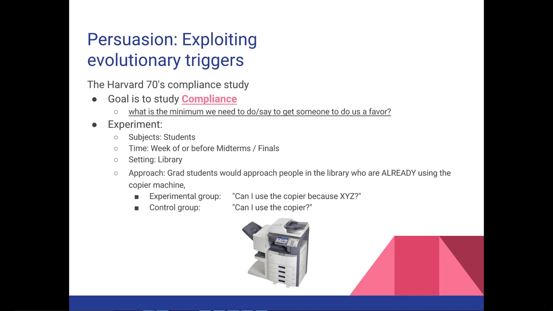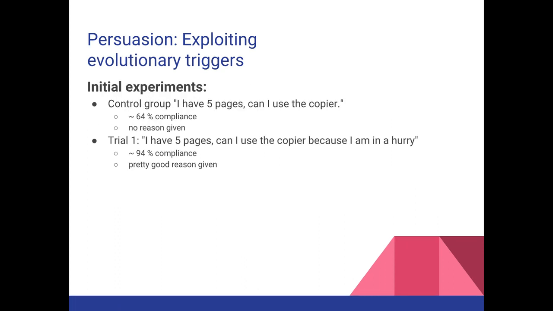And the approach was that grad students would approach people in the library who are already using the copy machine and say, hey, can I use the copier because blah, and they'd vary the reason there. And to contrast it, the control group would be, can I use the copier? And so they were trying to see in their initial experiments what sort of compliance range they'd get.